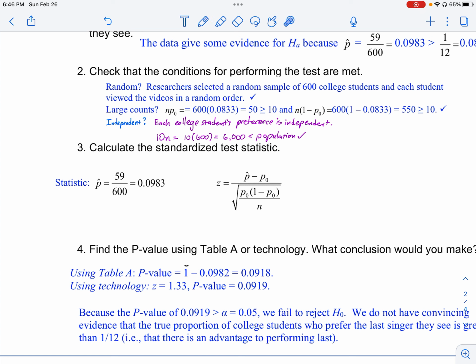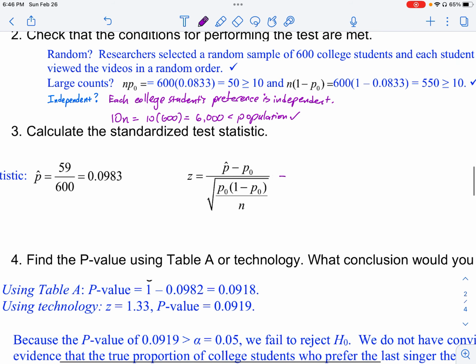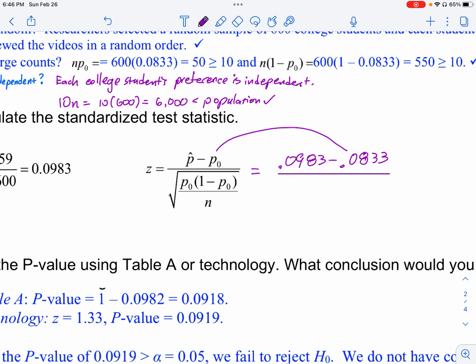This getting the test statistic essentially is get the z-score, folks. So we know our p-hat. That is 0.0983 goes here. So what would we have? We'd have 0.0983 minus the null, which is 0.0833. We're operating under the null hypothesis. We're assuming P naught is 1/12th, right? 1/12th.